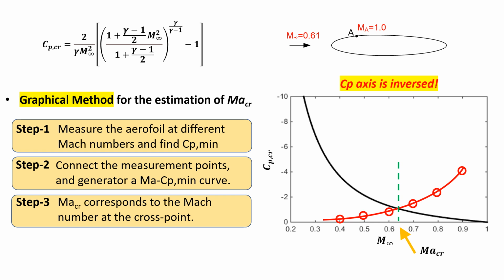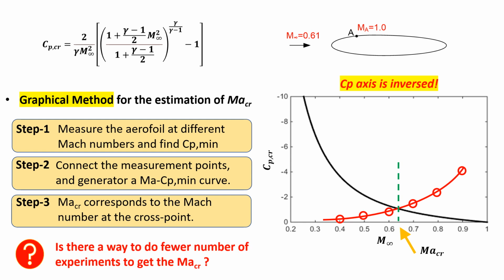The only thing is you need to do several measurements. Although I'm just showing 6 points here, in reality you need to do more to have a smoother connection of the red dots, and it will give you a more precise critical Mach number estimation. Now you may have a question: is there a way to do fewer experiments to get the critical Mach number?